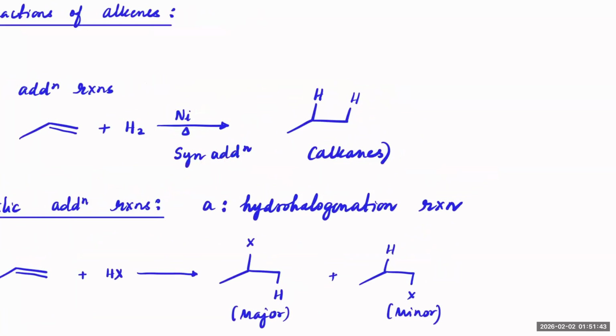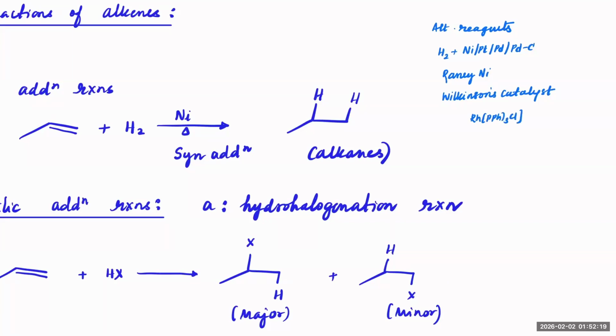All you need to recall is the alternative reagents. The alternative reagent is H2 added with either nickel, platinum, palladium, or palladium on carbon, or we can simply take Raney nickel, or we can take something called Wilkinson's catalyst, which is rhodium triphenylphosphine chloride, plus H2.